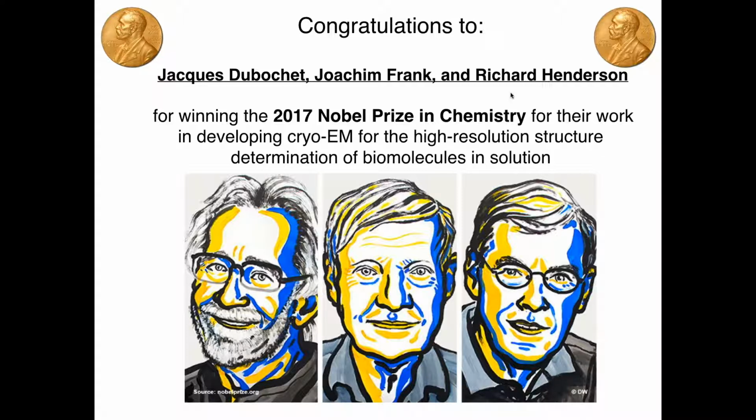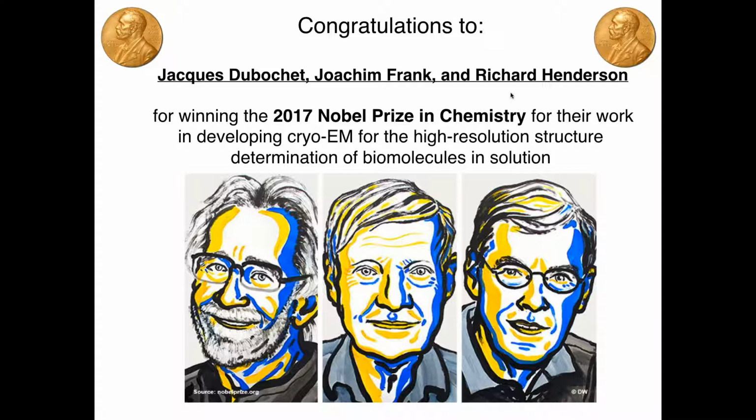But these three, Jacques Dubochet, Joachim Frank, and Richard Henderson earned the Nobel Prize in 2017 for their work in developing cryo-EM for high-resolution structure determination of biomolecules in solution.